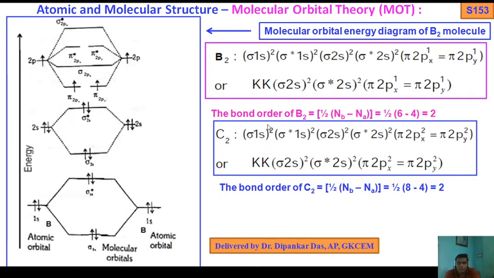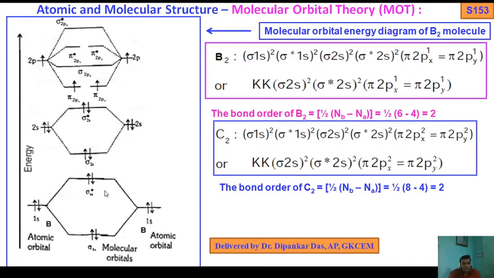So B2 has a total of 10 electrons, 2 plus 2 plus 2 plus 2 plus 1 plus 1. Again the same MO diagram as N2, because it is for less than or equal to 14 electrons. So 1s, 2s, then again the same order up to B2, C2, N2: pi 2px, pi 2py, sigma 2pz, pi star 2px, pi star 2py, and sigma star 2pz.